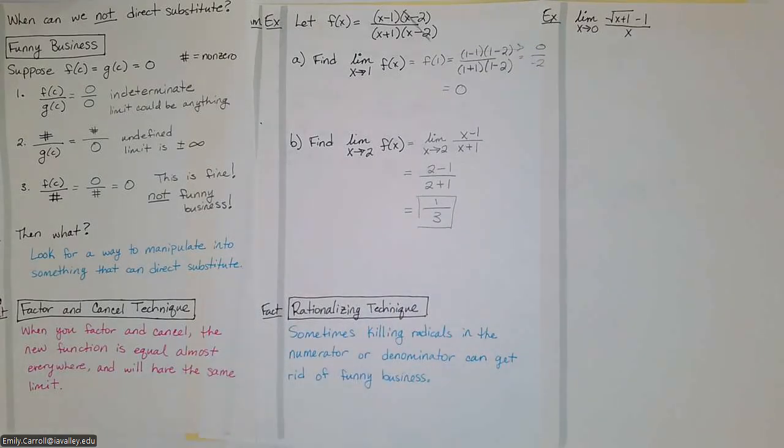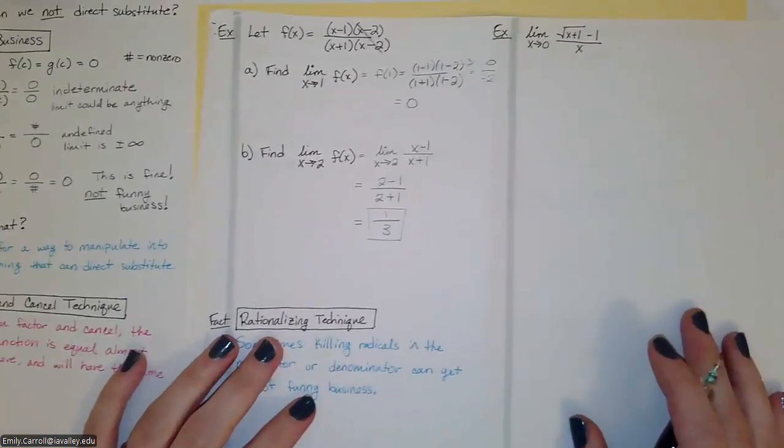Okay, so factor and cancel. It's a pretty classic strategy for finding limits. Next one is rationalizing. Whenever you have a radical in your function, trying to either rationalize the numerator or rationalize the denominator can often get rid of your funny business. So let's try that.